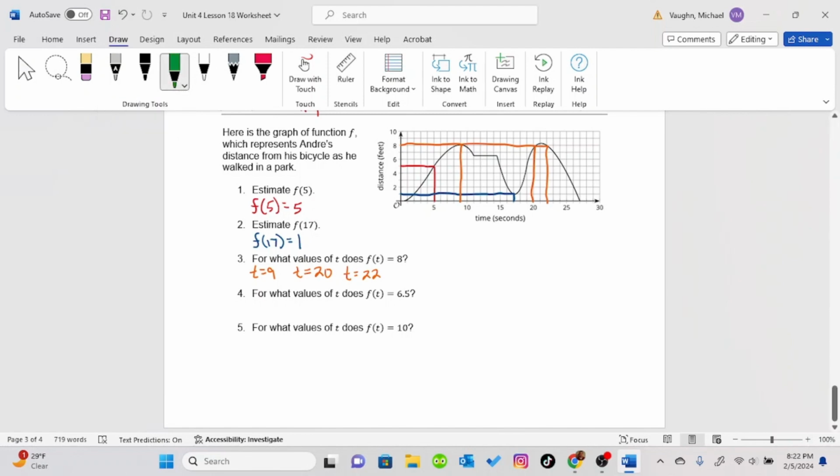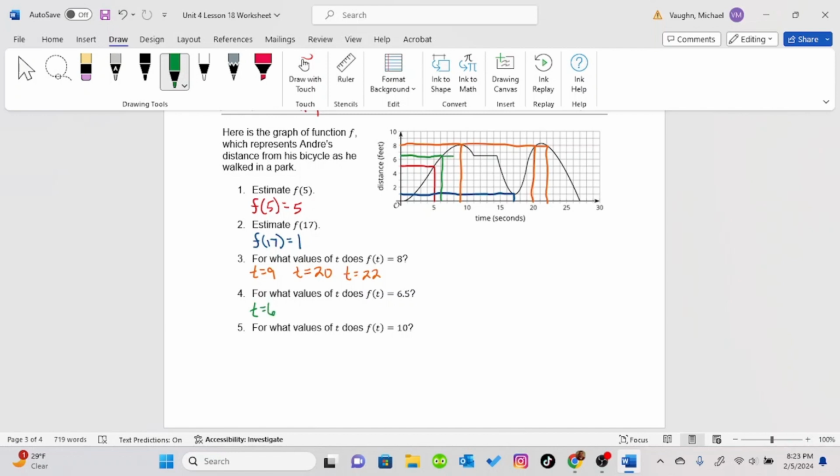Number 4, for what values of t does f of t equal 6.5? Again, the number the function equals is the y value. So if we go to 6.5 and we go across, it looks like this happens when t equals 6.